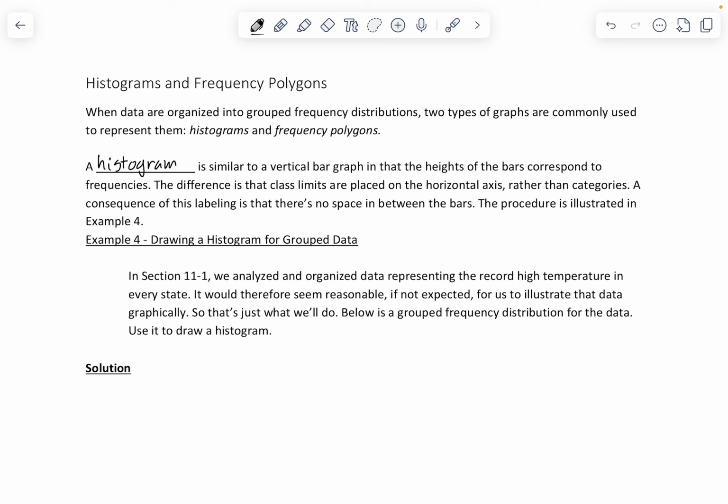The difference is that class limits are placed on the horizontal axis rather than categories. A consequence of this labeling is that there is no space between the bars, and that's because in a grouped frequency distribution, there are no spaces between the classes, the intervals. The procedure is illustrated in the next example here.